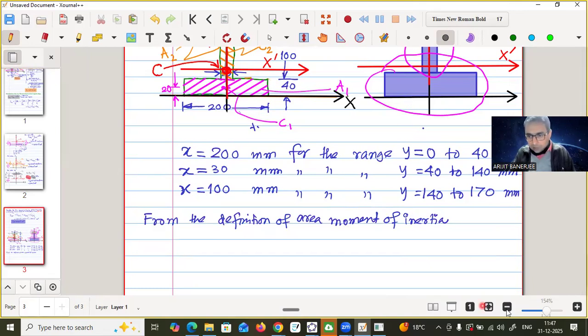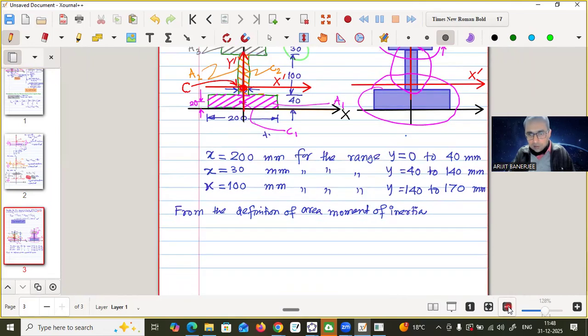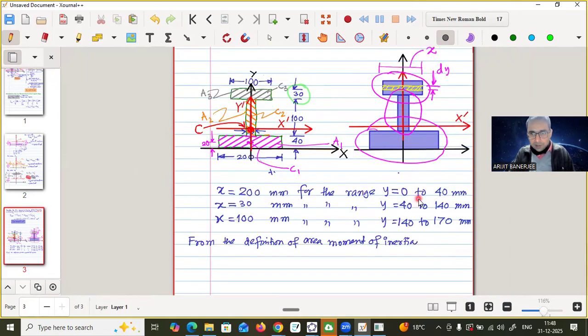Let me zoom it so that you can see all this. So now you see, this is the complete area. I want to determine the moment of inertia of the complete shape, not decomposing and individually determining.